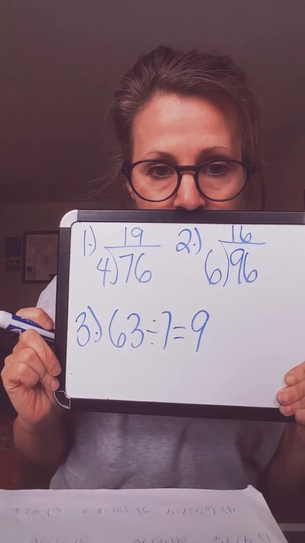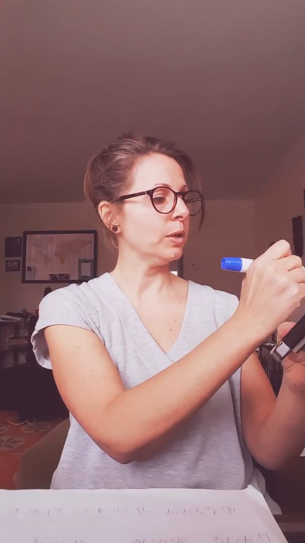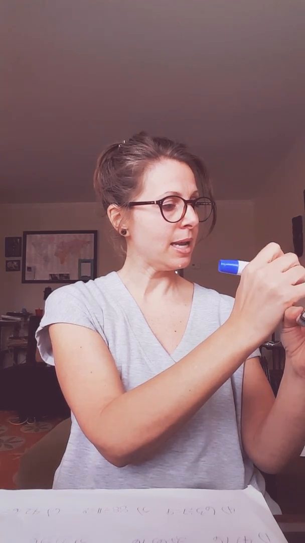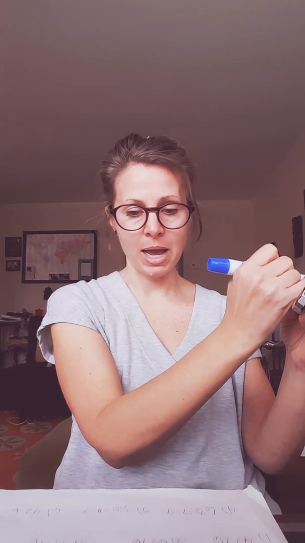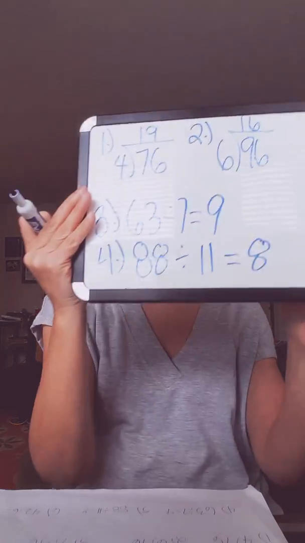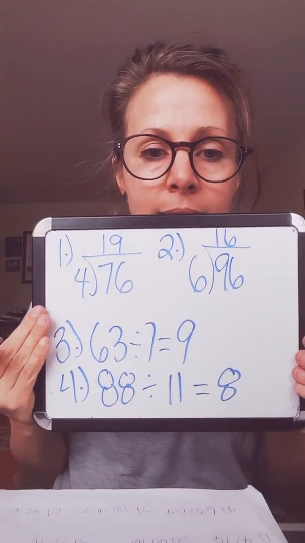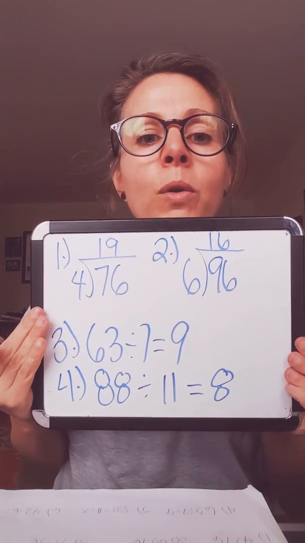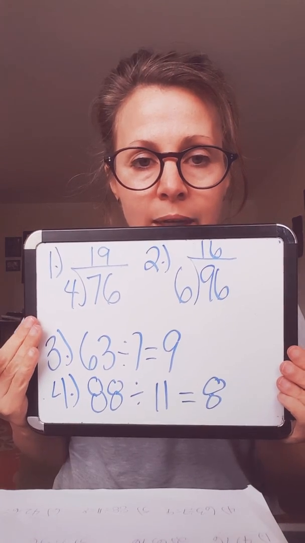And then we're going to do one more on your own. Number 4 is going to be 88 divided by 11 equals 8. But please write it like this. All right. I'm going to hold this up while I'm talking so that you can finish writing it.